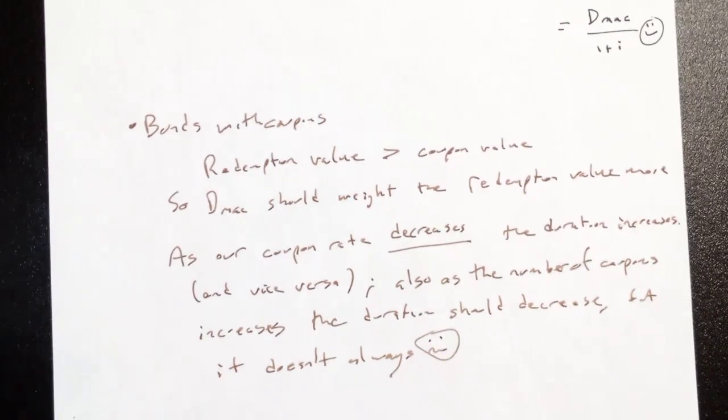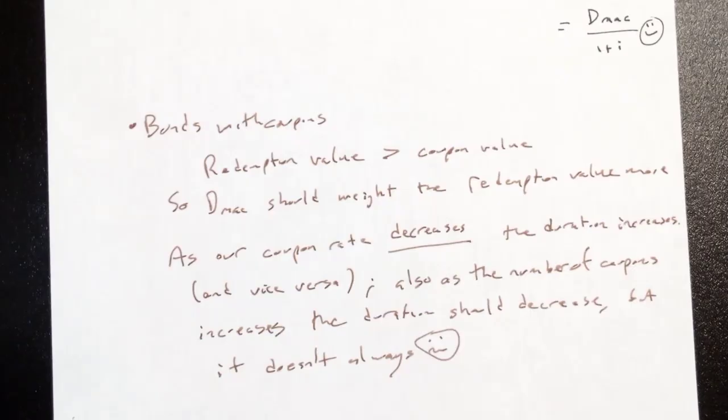I would expect the duration to decrease, but it doesn't always. When you see more frequent coupons, so if I had annual coupons versus semi-annual coupons versus potentially quarterly coupons, because if I have more of them at the same nominal rate, then I would be making more payments further down, and I should expect a decrease in my duration most of the time.